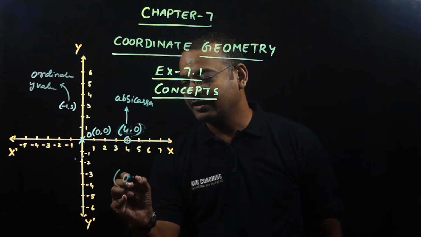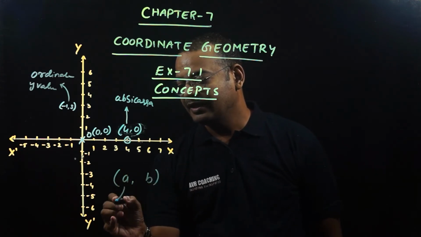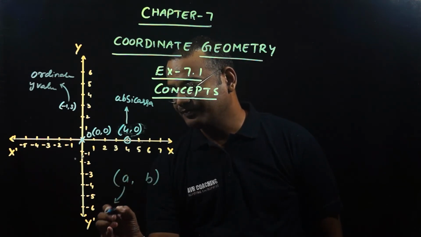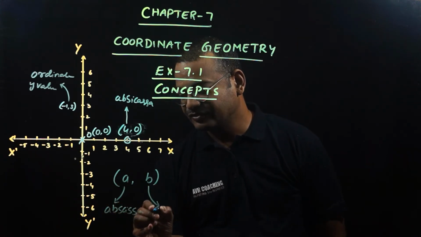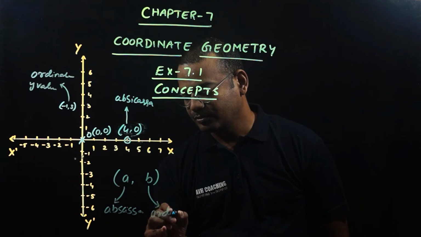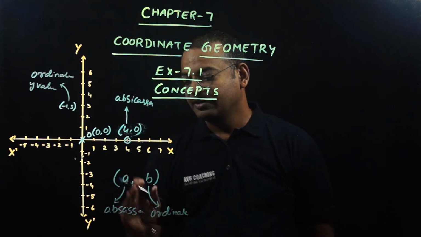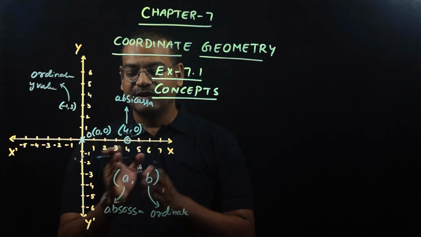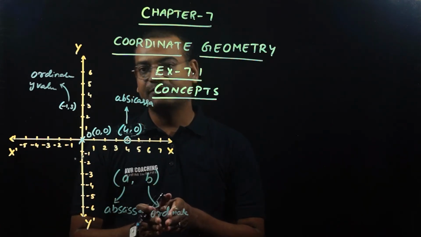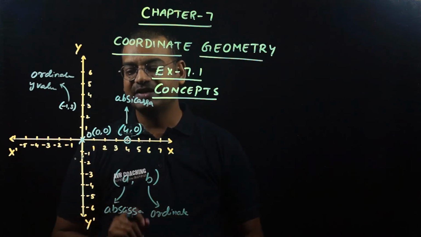Now when you say A, B, A is called abscissa and B is called ordinate. Abscissa always represents the value on the x-axis and the ordinate always represents the value on the y-axis.